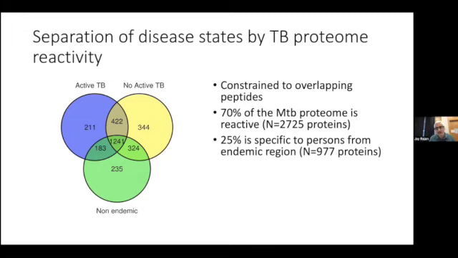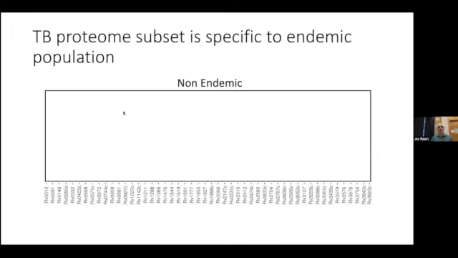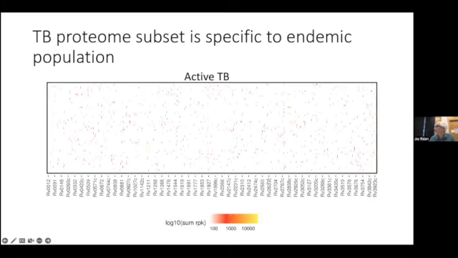and never in non-endemic controls. Just to emphasize that point, this is a heat map of that subset of proteins that you only see in people from endemic regions. So essentially no signal at all, and then you start to see pretty variable, dispersed signal.